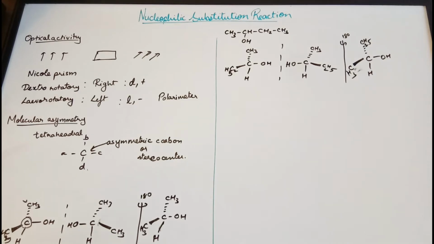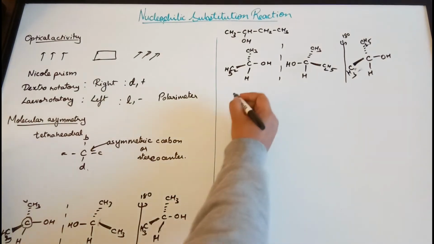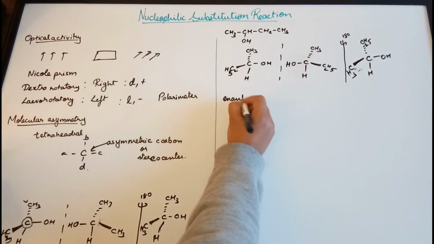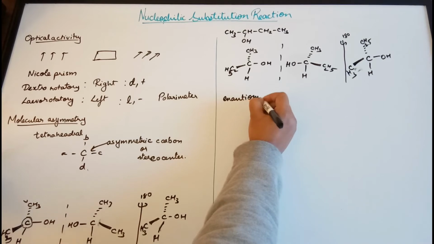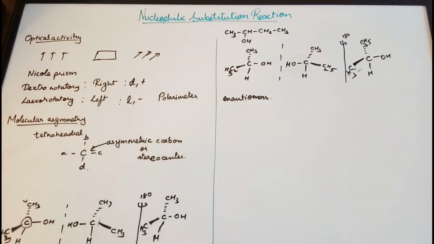Now, there's something called enantiomers. Enantiomers are compounds, obviously. They're like isomers, okay? And the stereoisomers which are non-superimposable mirror images are enantiomers.